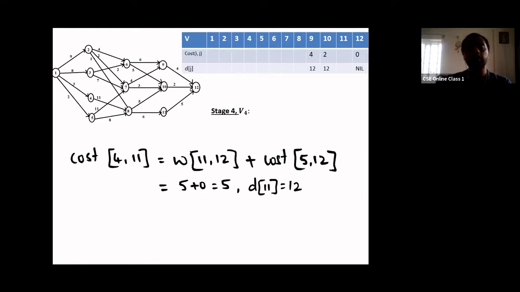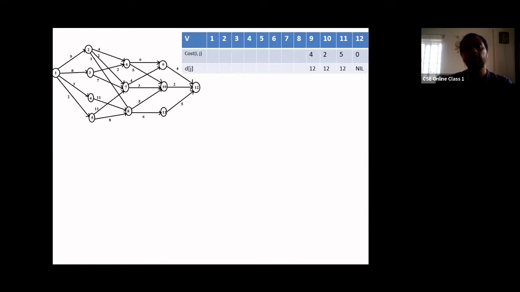Because of this reason, it is also called the forward method. So we have filled in the table; for the 11th vertex, we will have a value of how much? 5. Cost of 4, 11 will be 5 and D of 11 will be 12. Fine. So we have completed stage 4.